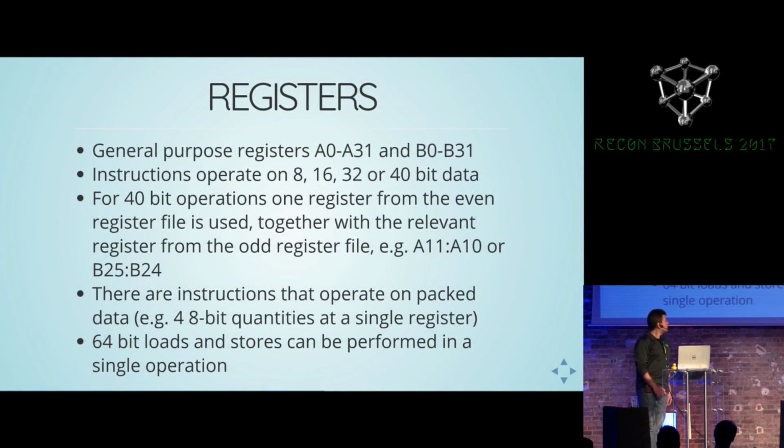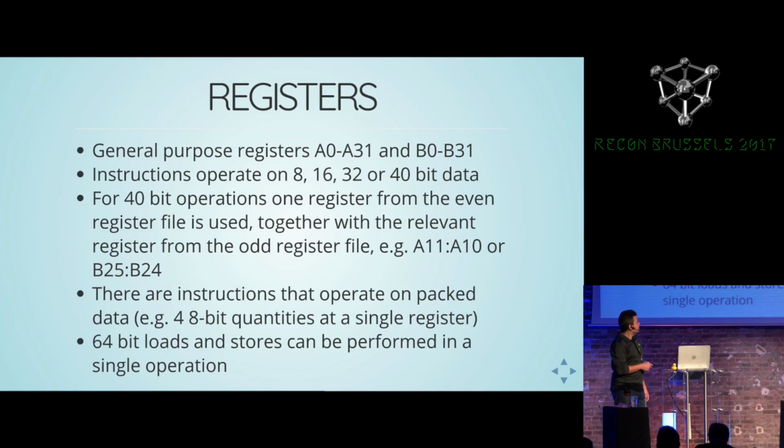The registers. There are 64 general purpose registers. All functions operate on 8, 16, 32, or 40-bit data, not 64-bit. For 40-bit operations, one register from the even register file is used, and the corresponding register from the odd file is used for the 8 bits.